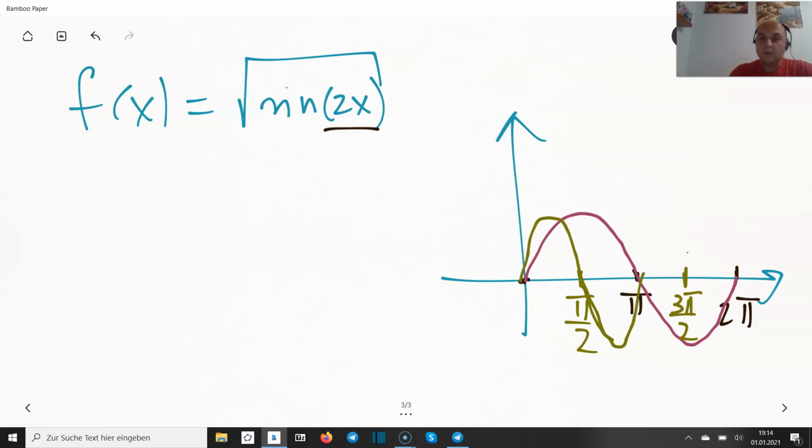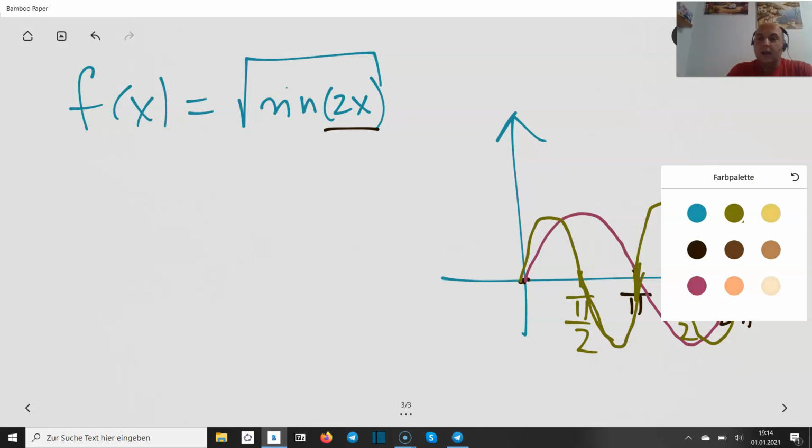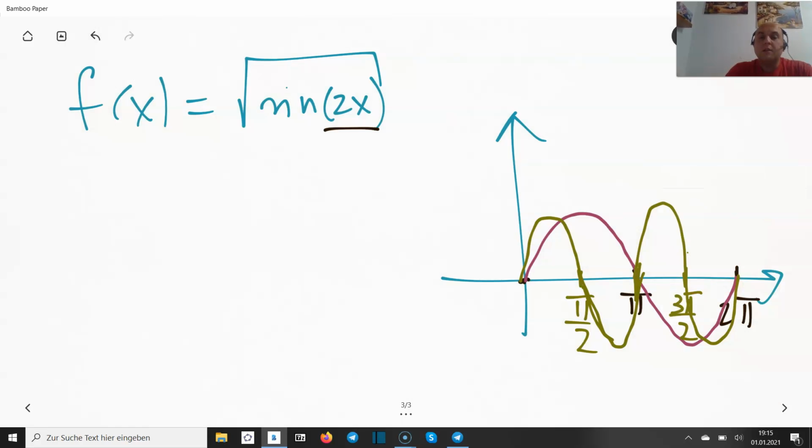Okay, and once again the same here, like this. All right. So the graph that we are interested in is the green one. The height should actually be the same everywhere. Sorry for this. And now we are interested in the parts of the sine curve, sine of 2x, which is above the x-axis.